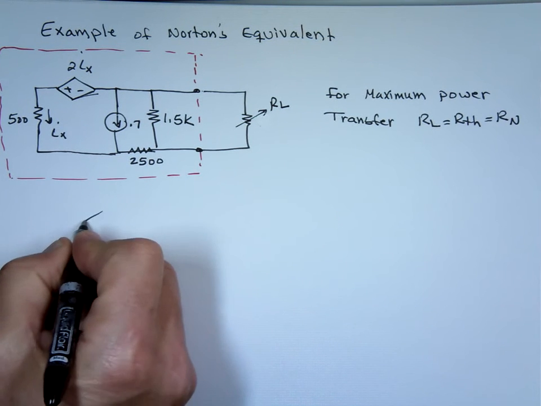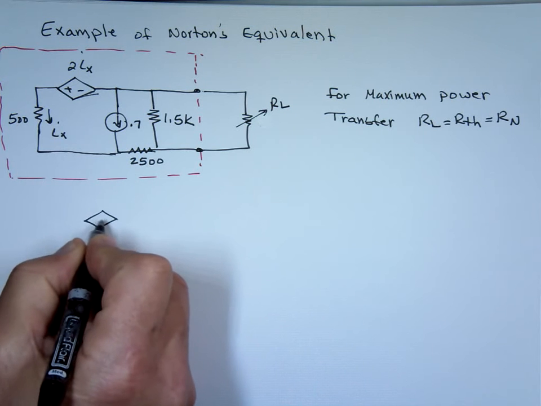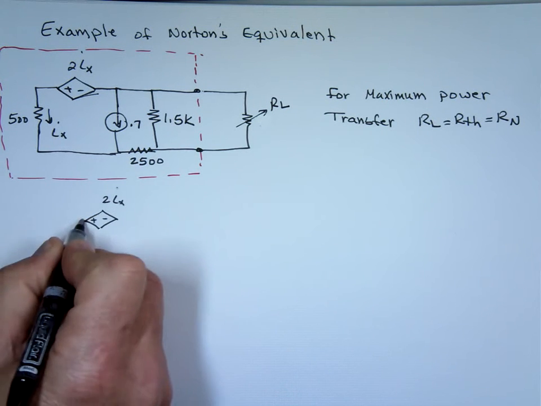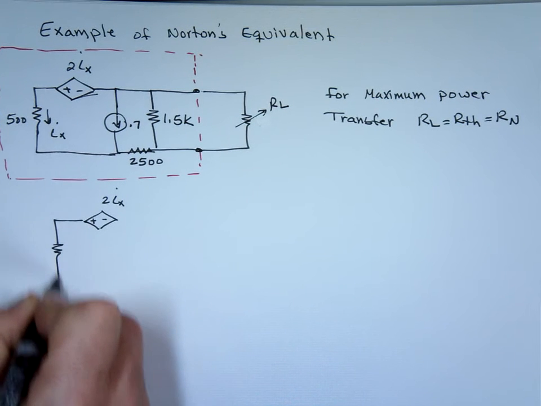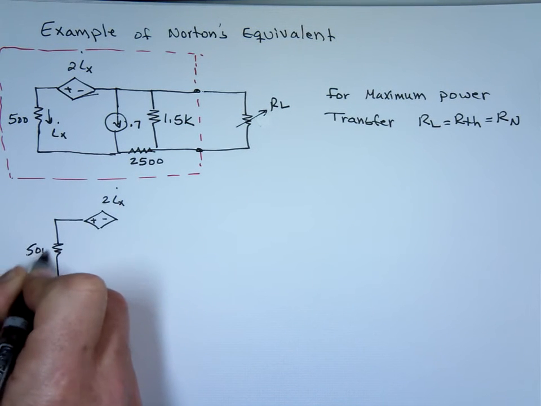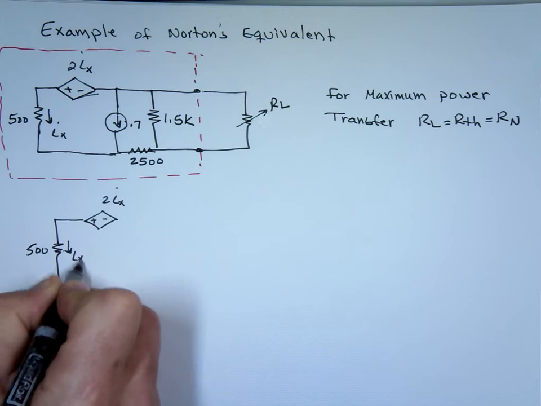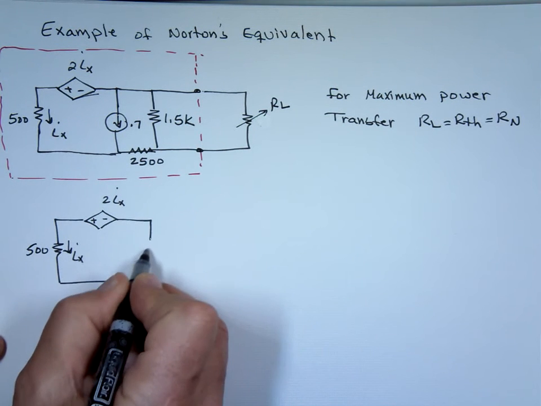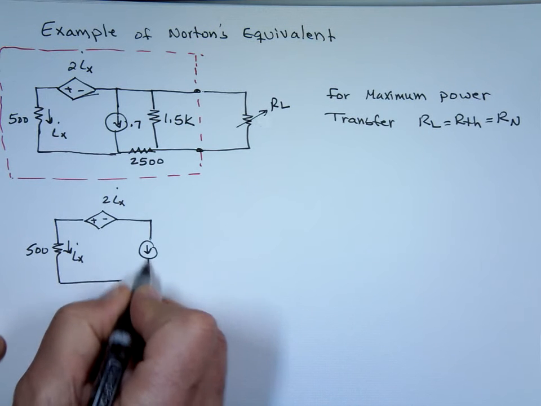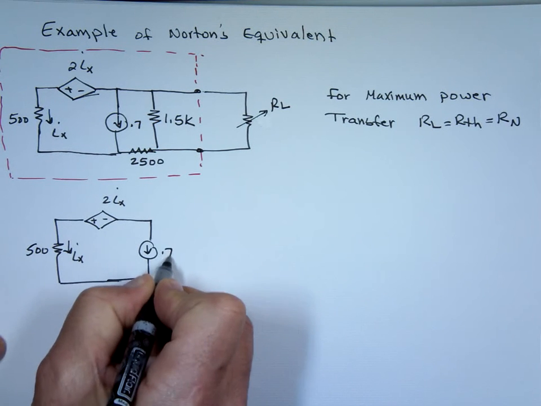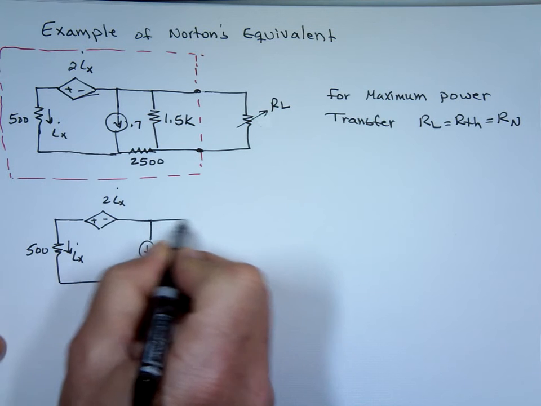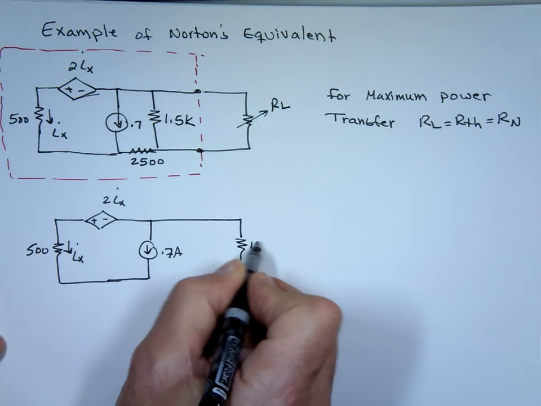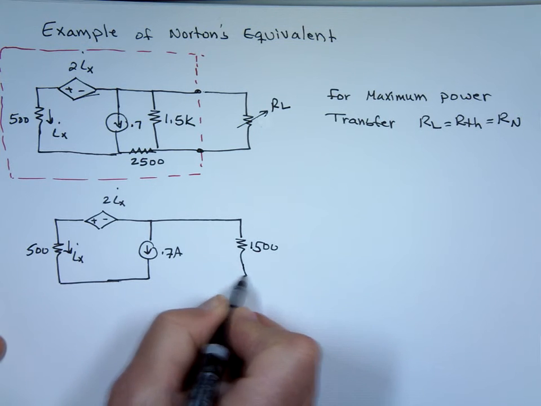So this is my circuit, again. 0.7 amp. 1.5K, that's 1,500. And this is 2,500.